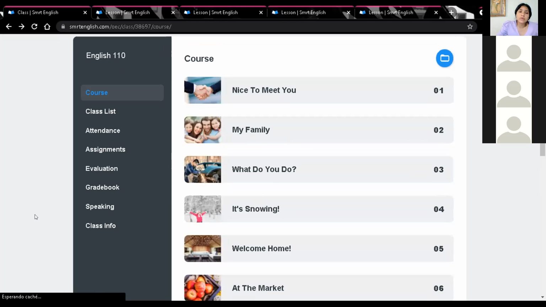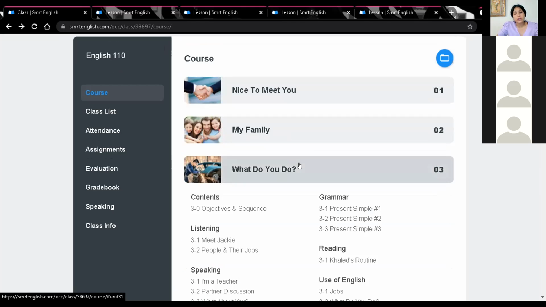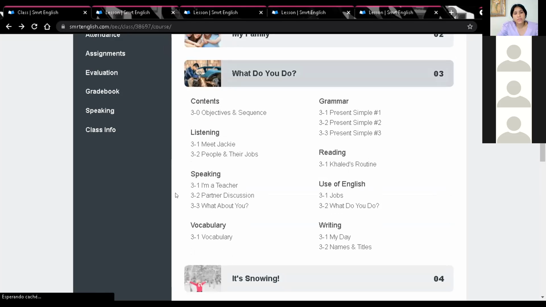So we are going to start with the unit 3, what do you do? If I click on it, we are going to see the content and objectives of the unit. And here we have the grammar topics we are going to be working with. Present simple, but obviously we're going to review what you already know of the present simple, and we're going to see different uses of it.